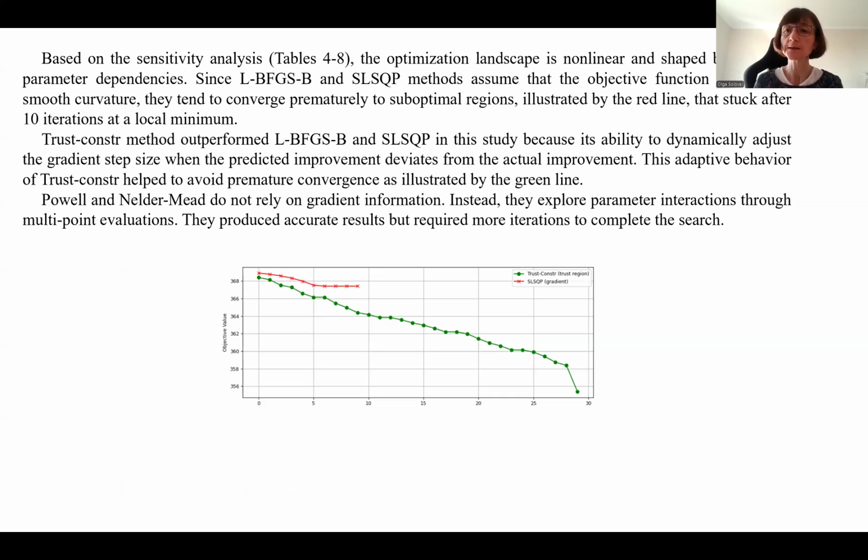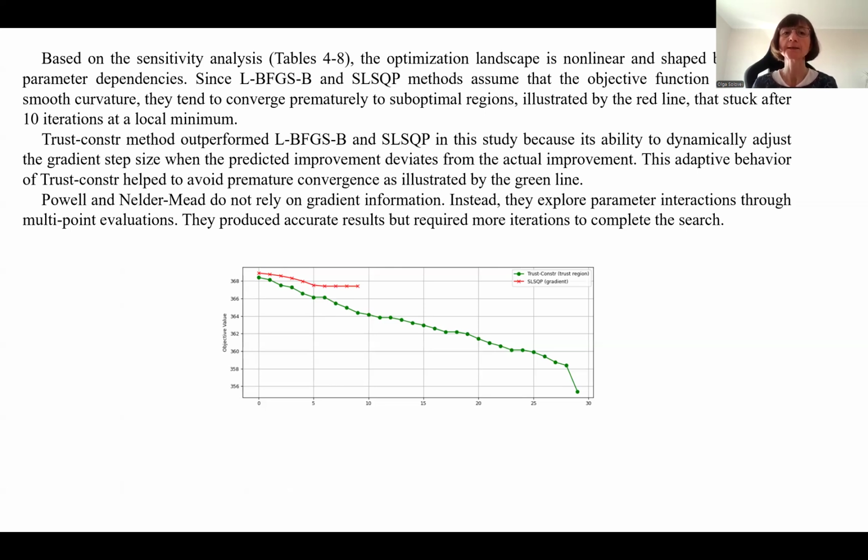The trust region constraint method overperformed in this study because of its ability to dynamically adjust the gradient step, as we saw, when the predicted improvement deviates from the actual improvement. This adaptive behavior of the trust region constraint helps to avoid premature convergence, as illustrated by the green line on this picture.